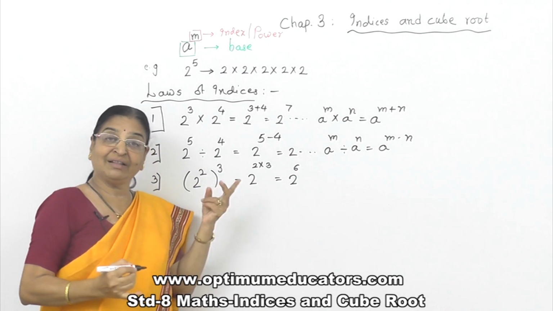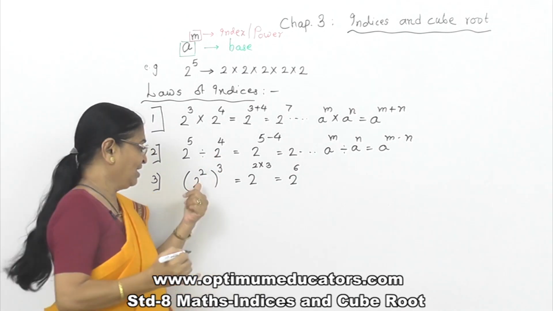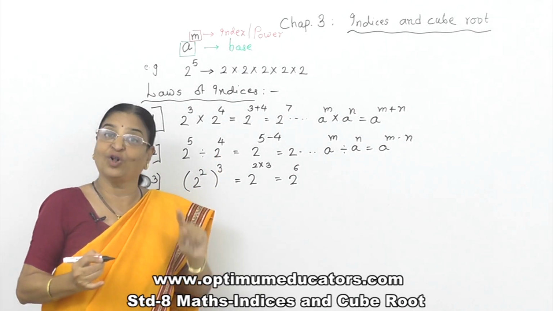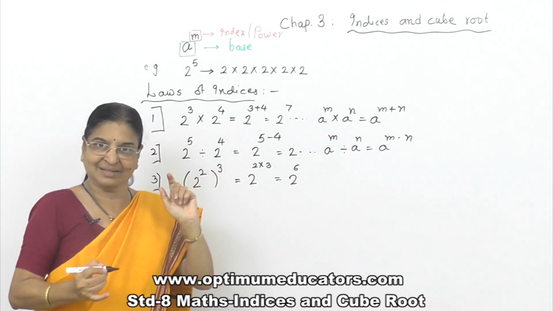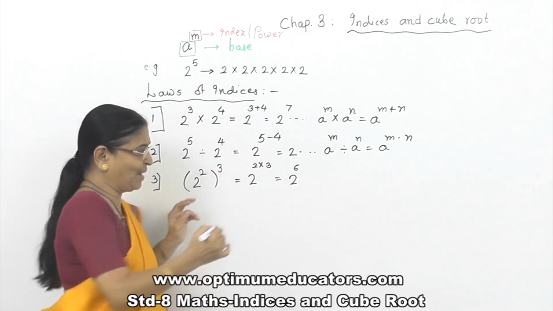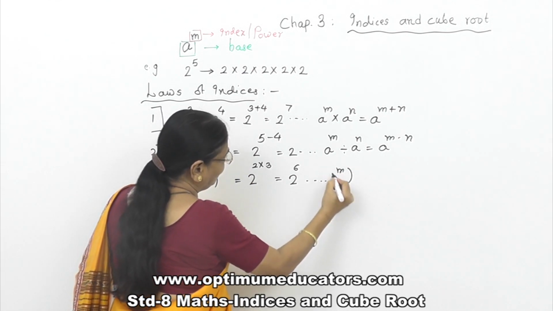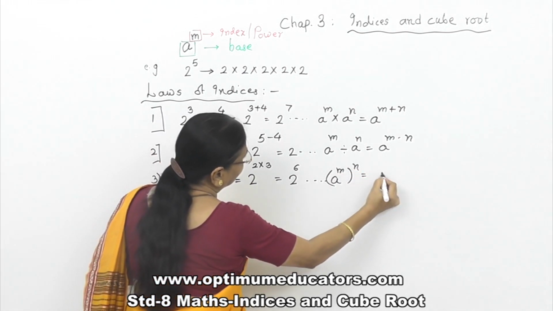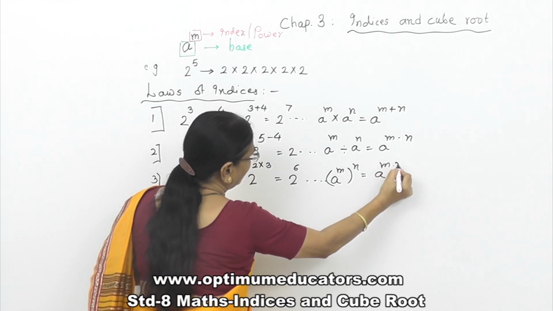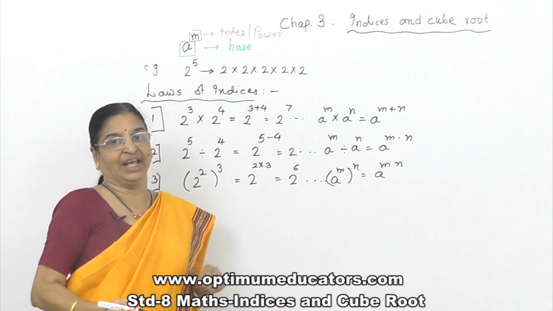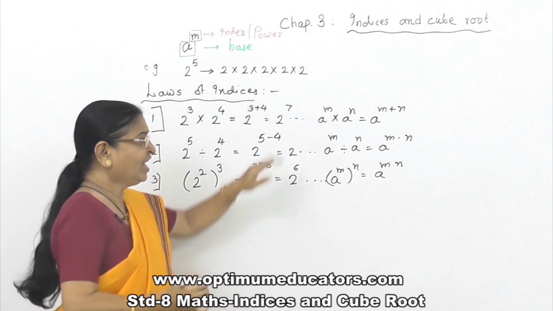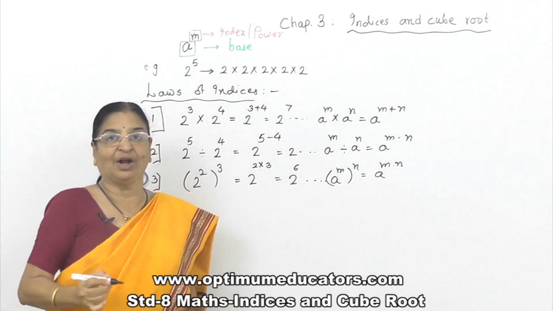That is, when there is a double index, that is, the base is also a number with an index, then I can multiply them. And how I will write? a raised to m raised to n is equal to a raised to m into n. These are 3 fundamental laws.